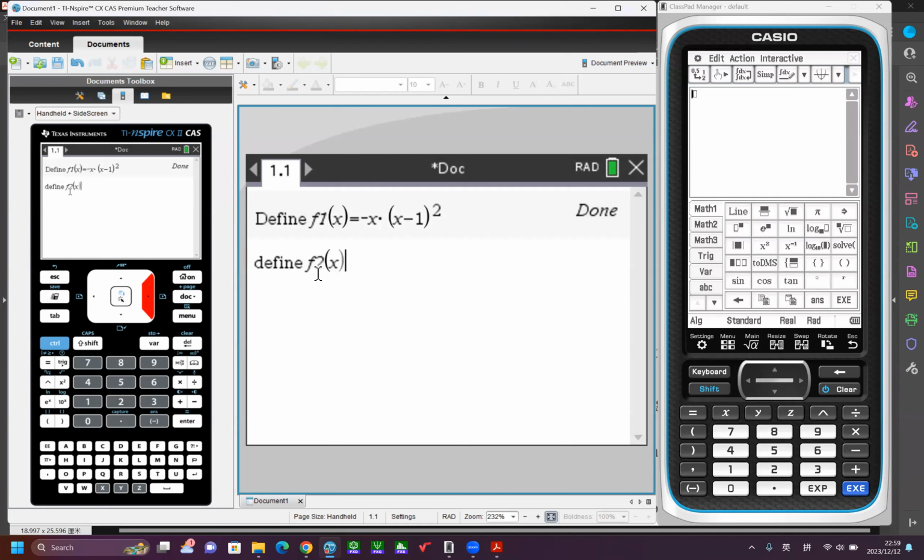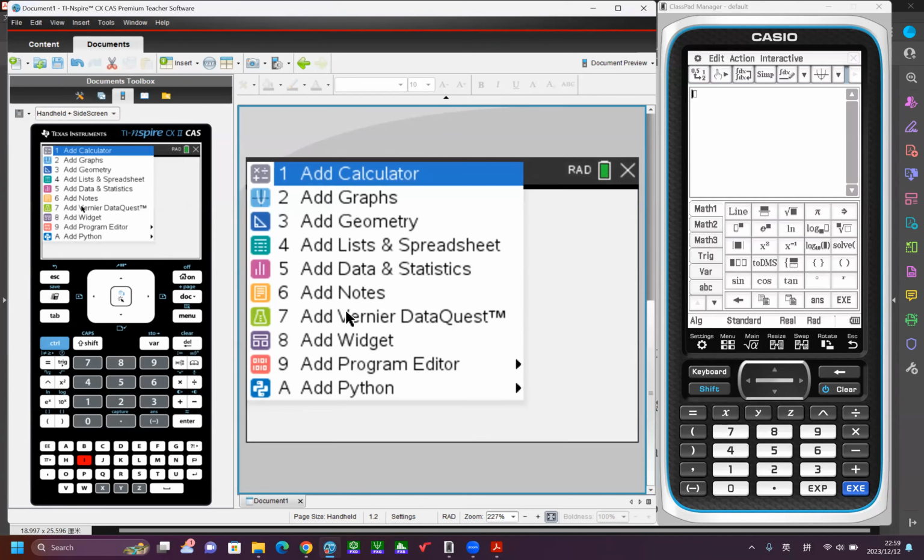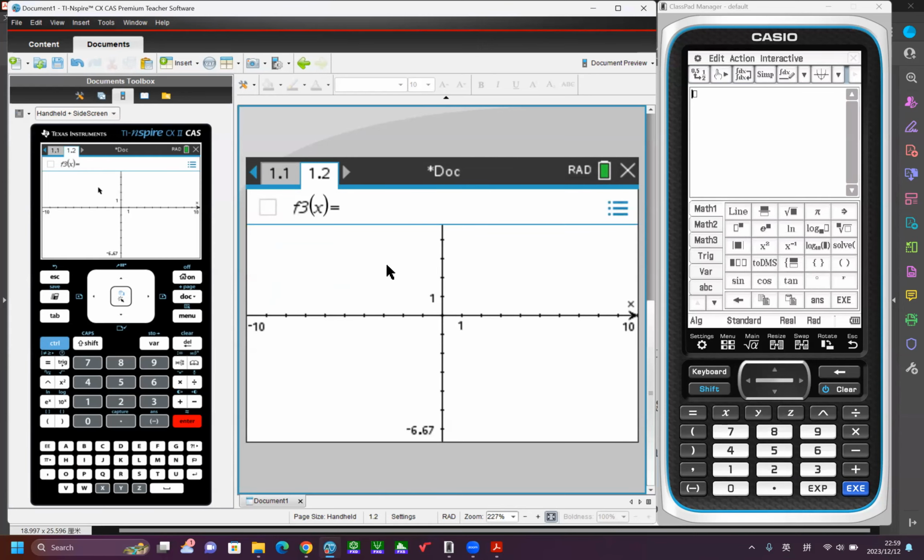Define f2 of x equals exponential x minus 1, minus x plus 0. Okay, so now if I go to my graphs, I can see my f1 and f2 are already there. So we can actually put, for example, some domain constraint, say 0 to 1.